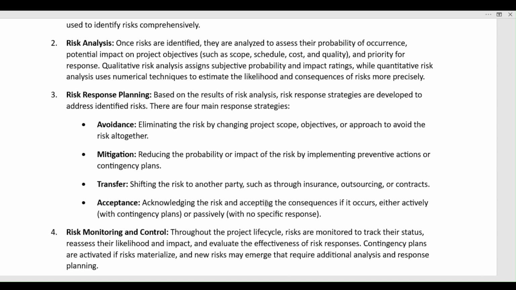Let's move on to the second one, mitigation. Mitigation, transfer, and acceptance are the widely used ones. Mitigation is reducing the probability or the impact of the risk by implementing preventive actions or contingency plans. What does this mean? We already had a discussion on the Scrum ceremonies, where there is a topic called sprint retrospective or project retrospective.